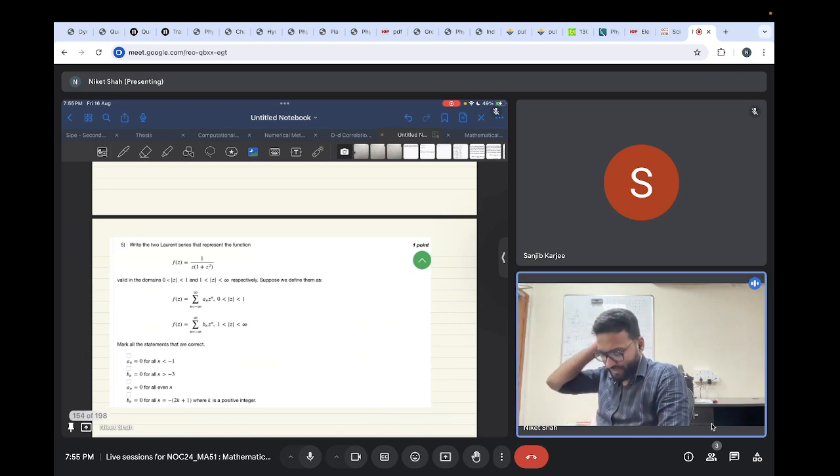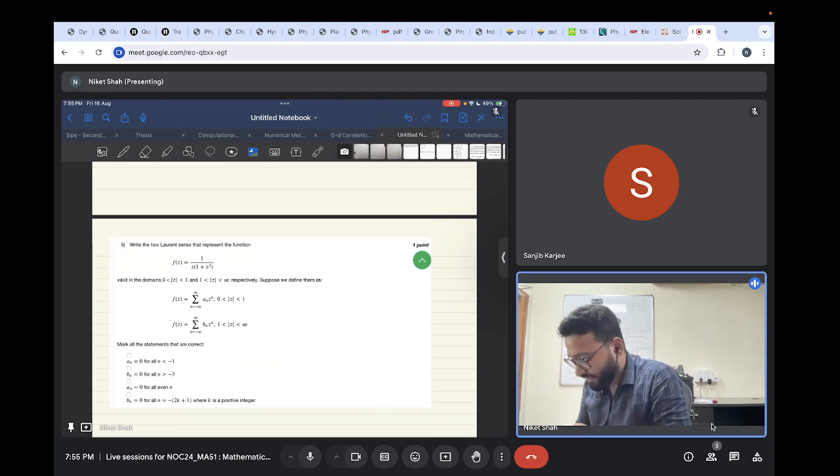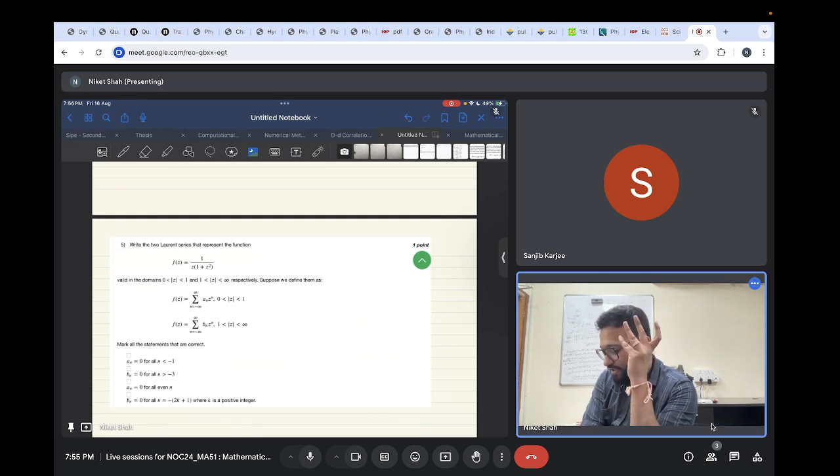All right. Question number 5 is: write the two Laurent series that represent the function f of z equals 1 by z into 1 plus z square, valid in the domains 0 to 1 and 1 to infinity respectively. So we are splitting the territory.